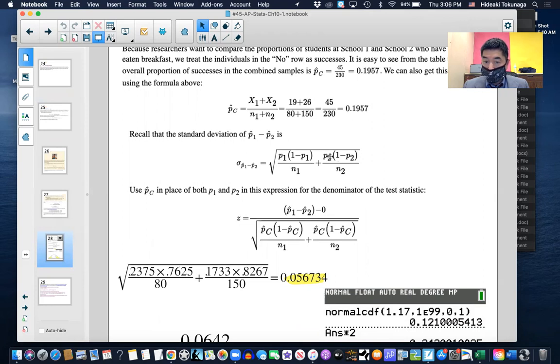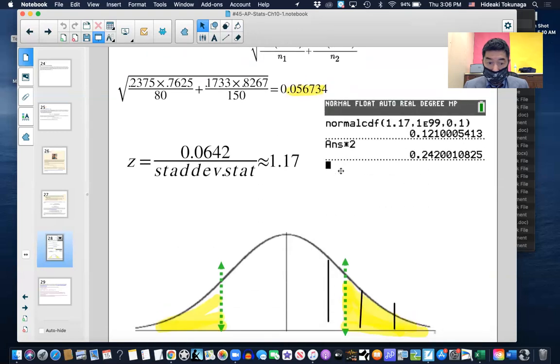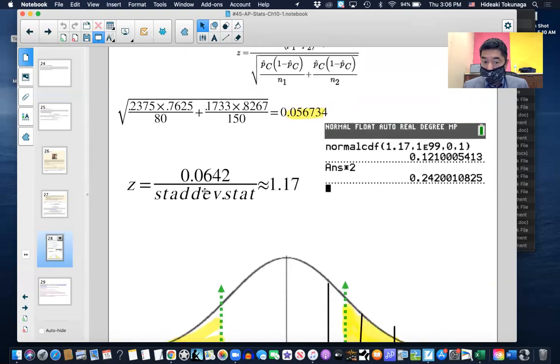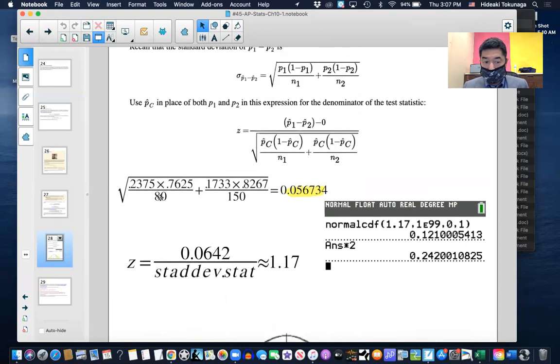Same thing, 0.1957 times 0.8043 divided by 150. That was called the standard deviation of the statistic. Let me write down the equation. I did this incorrectly in the PDU 1 and PDU 7 classes, so make sure you watch this video and close out the standard deviation part.